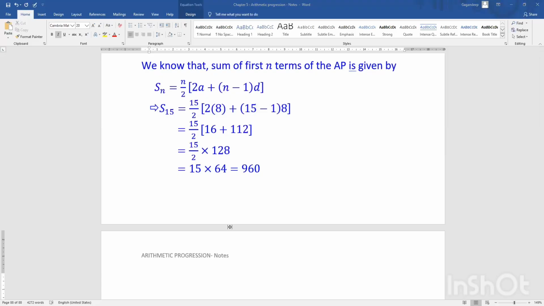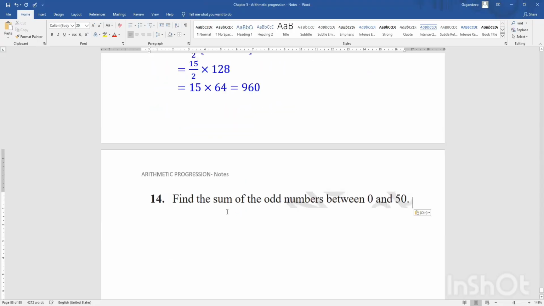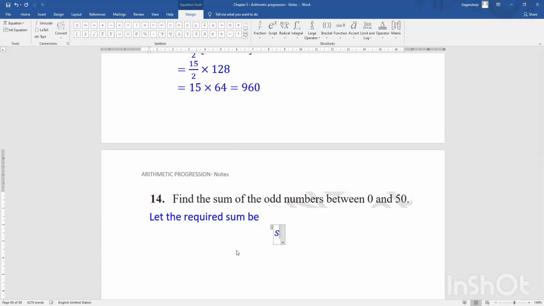Then we have the 14th question. Find the sum of odd numbers between 0 and 50. Let the required sum be S. This is nothing but 1 plus 3 plus 5 and so on.